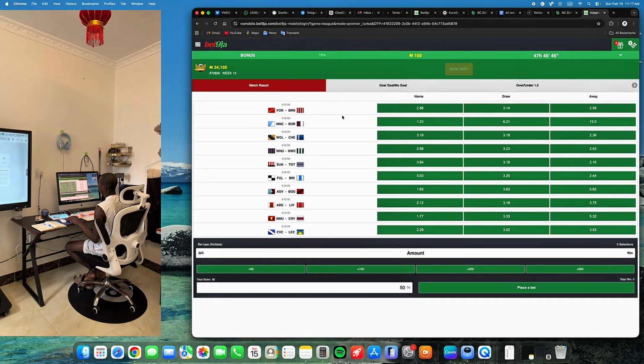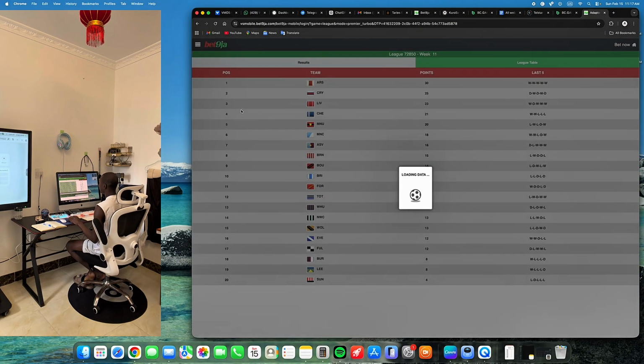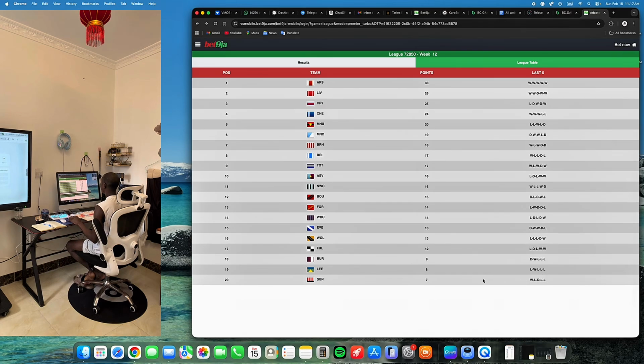Okay, so let's go again. See what teams are at the bottom. This is week 13, so the league should be showing us week 12. Now we have Sunderland, Leeds, and Burnley again. Sunderland has a draw, a win, and Leeds lost.